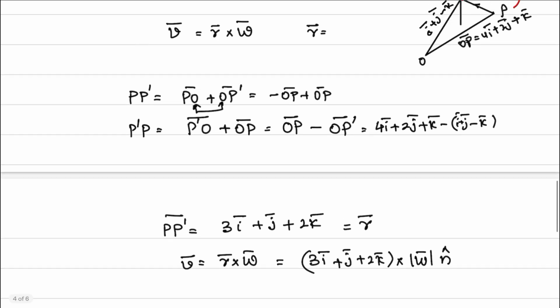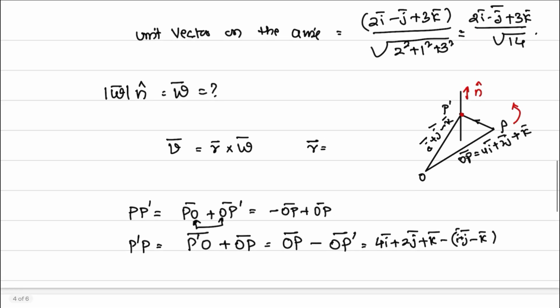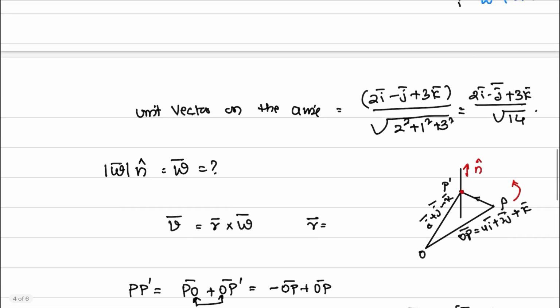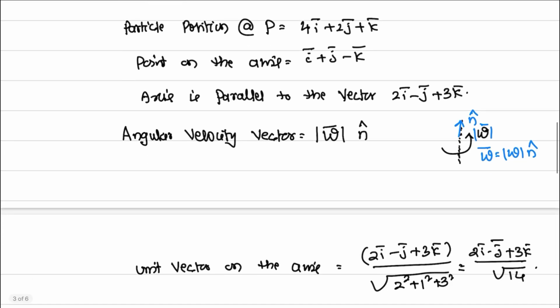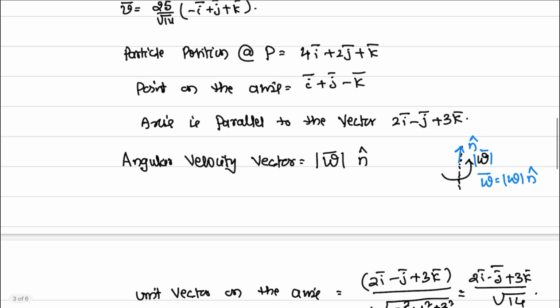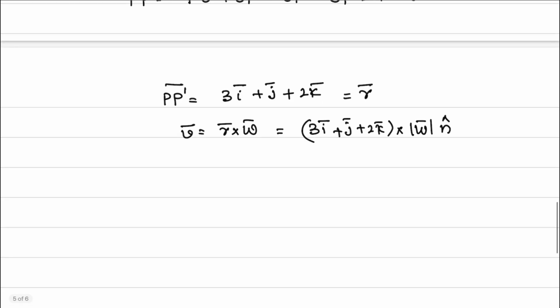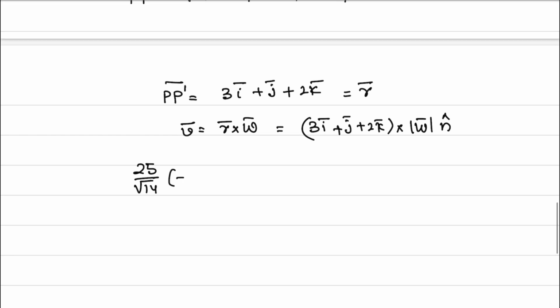What is v? v is known to us. What is the velocity v? Linear velocity, that is 25 by square root of 14, times minus i plus j plus k, is equal to the magnitude of omega, which we are not aware of.